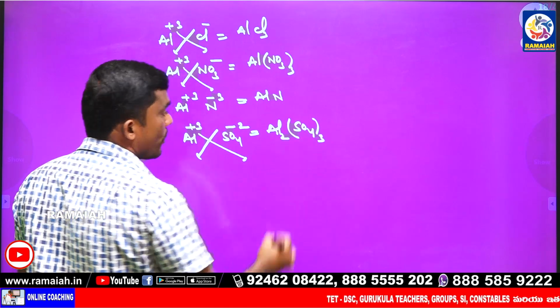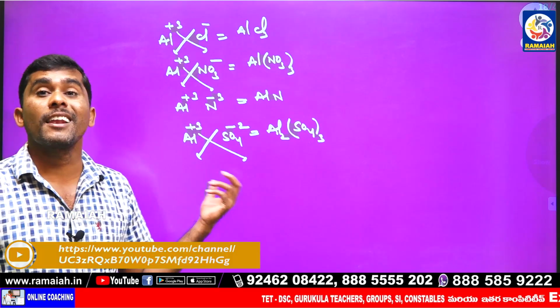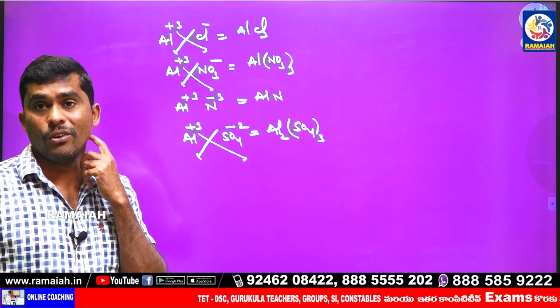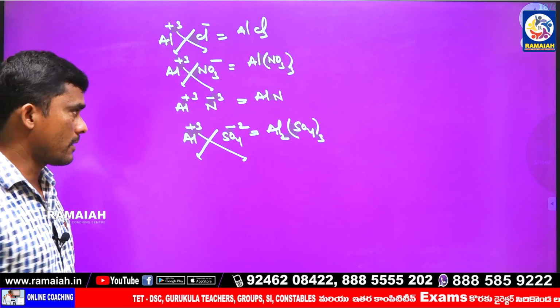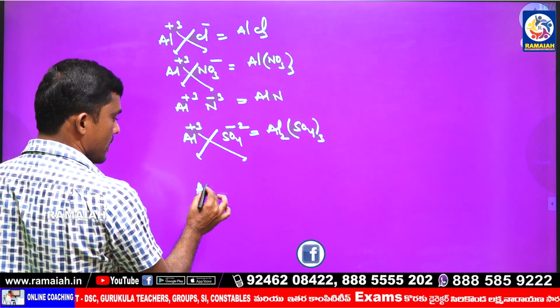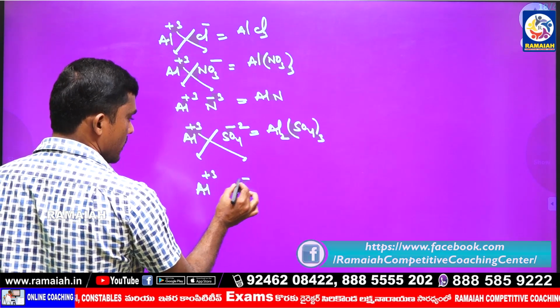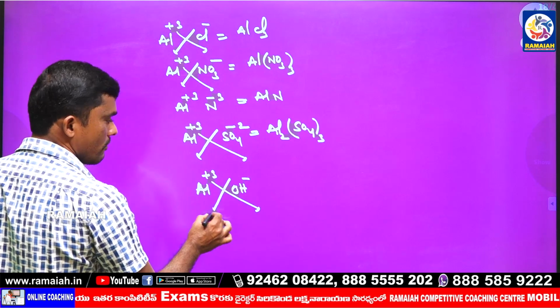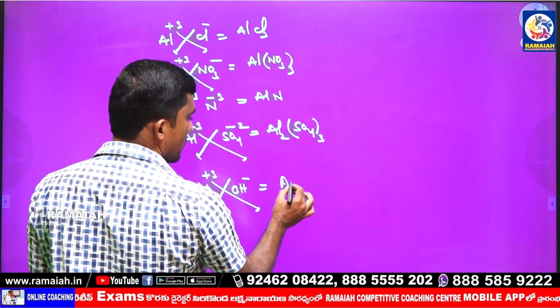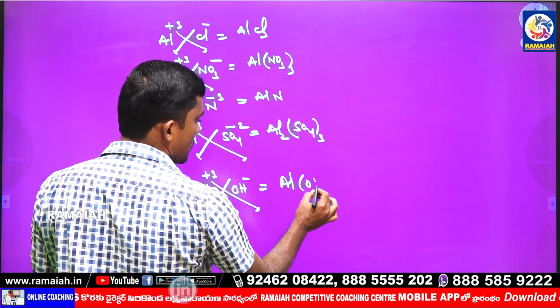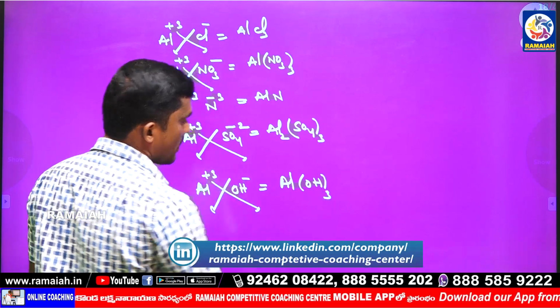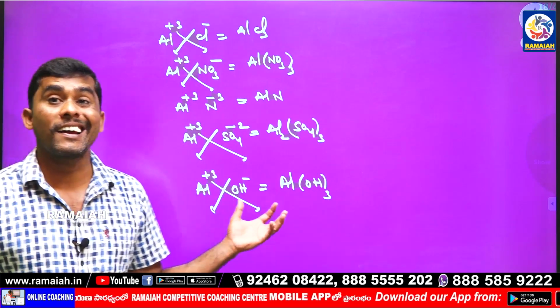It is the formula of aluminium sulfate. Okay, aluminium hydroxide. Aluminium means Al plus 3. Hydroxide means OH minus. Here the charges are not equal. Then the formula is Al(OH) taken thrice, aluminium hydroxide.